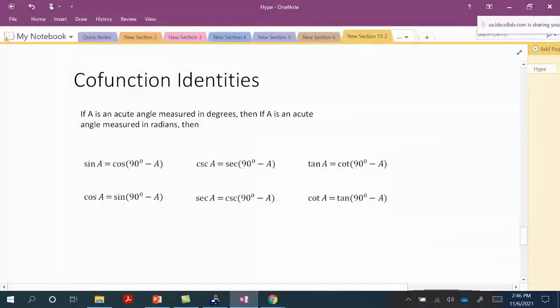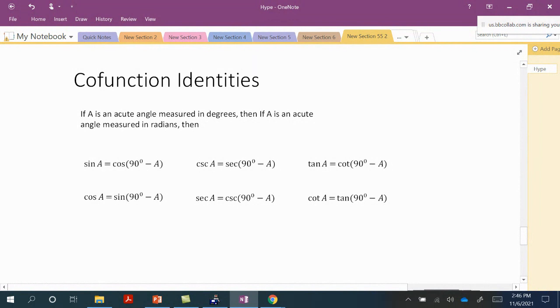Next, we'll take a look at cofunction identities. And here's a definition of a cofunction and a cofunction identity. If A is an acute angle measured in degrees, or if angle A is an acute angle measured in radians, we have the following. Now, in our course, we don't use radian measures, we simply use degree measures, so we have the 6 formulas.